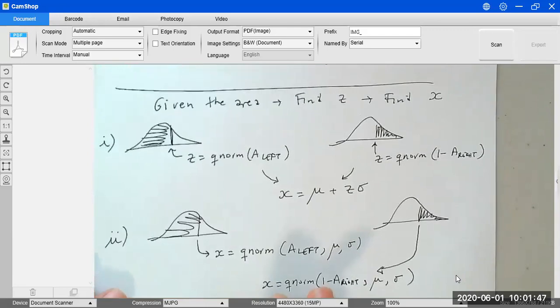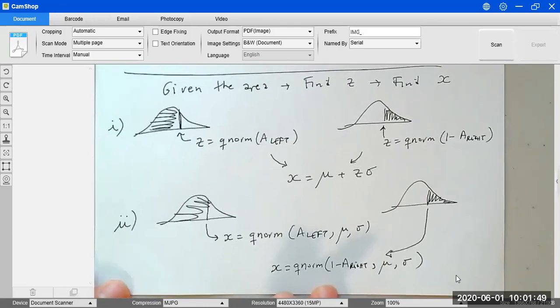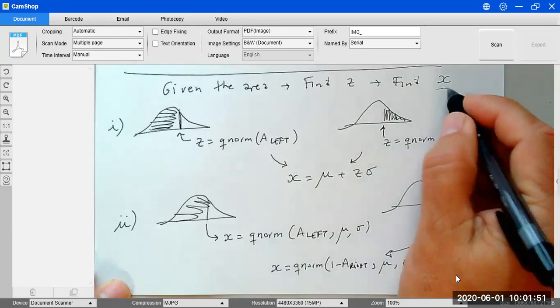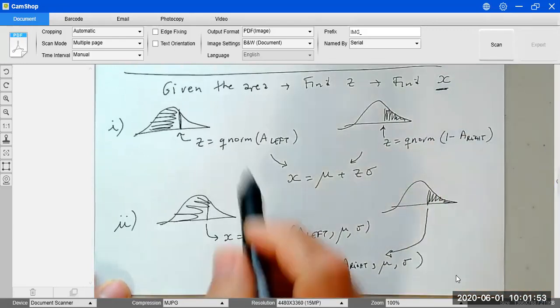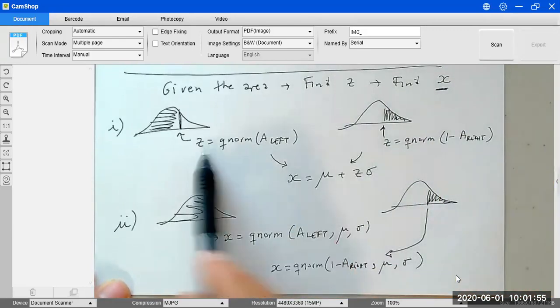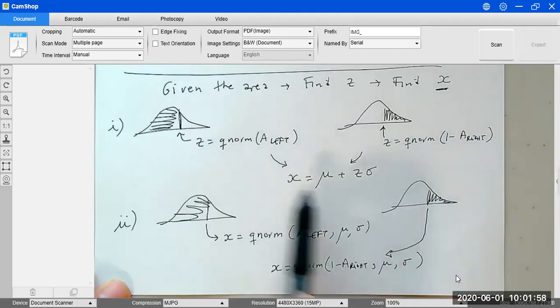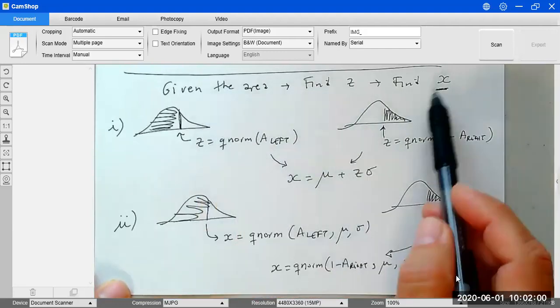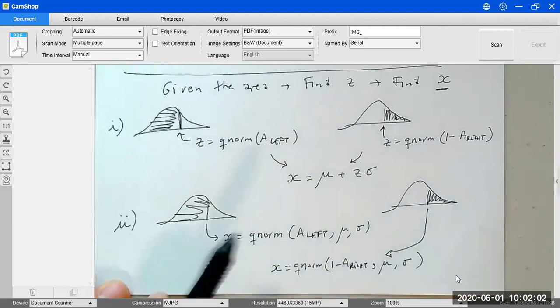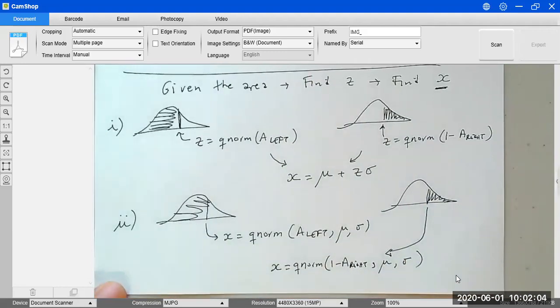Now you're going to have the area and you're going to need to find x at the end is what we need. Two routes: you find z and then x, or you go directly from the area to x by using the second method. So let's work on the next problem.